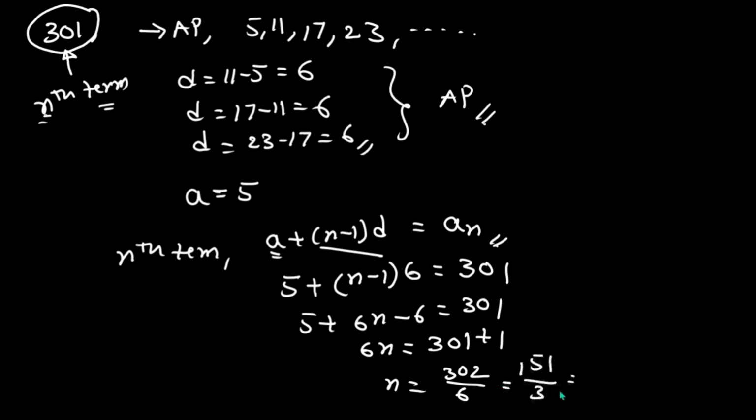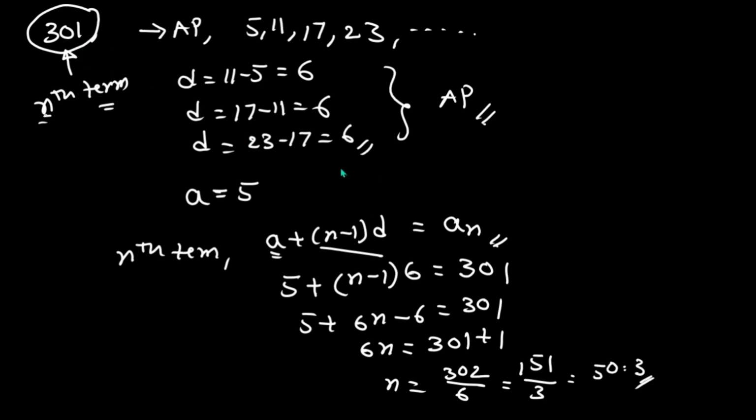This number is not a positive integer, right? So it will come in decimals. If you divide, you get 50 and then 0.3, so it is not a perfect division. That means this 301 will not come in this series.